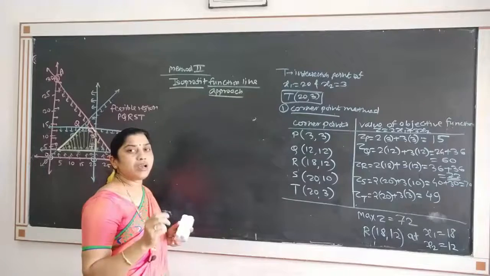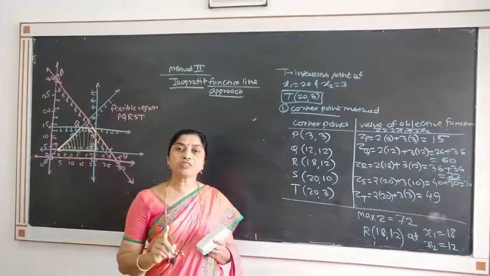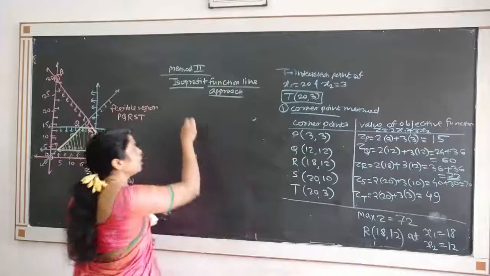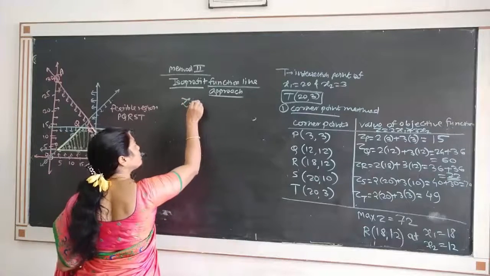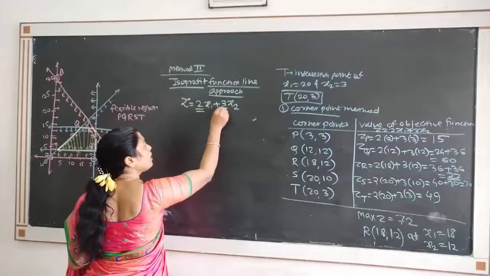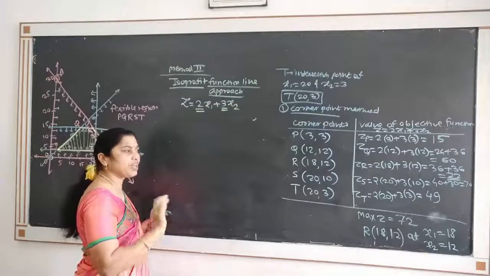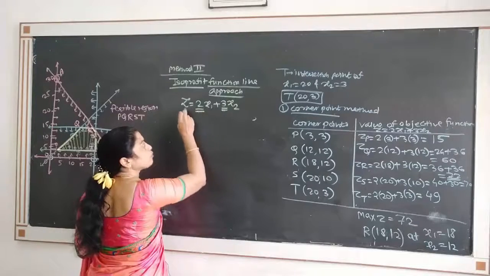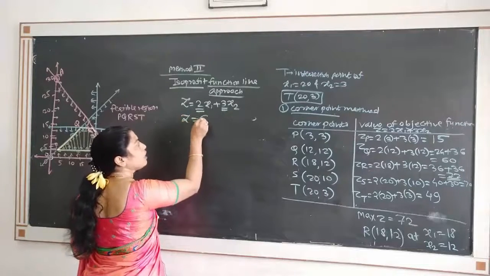We will consider a small value of Z because the function is maximum. So take a small value of Z, any arbitrary value. We want Z equal to 2x1 plus 3x2. So generally we will find the LCM of these coefficients or any multiple of these coefficients. So for simplicity, we'll take suppose Z equal to 6 and draw the line for this.